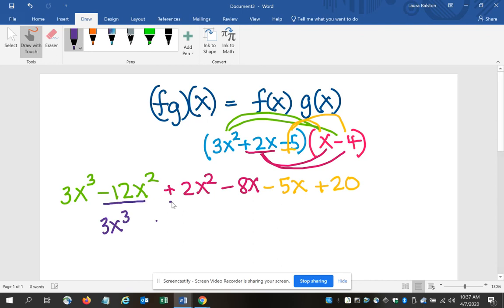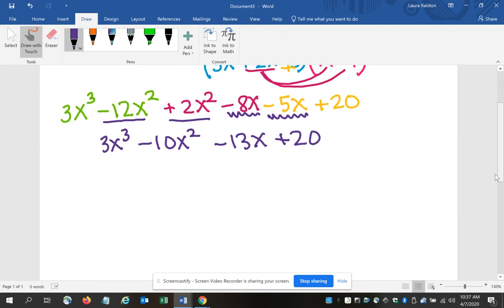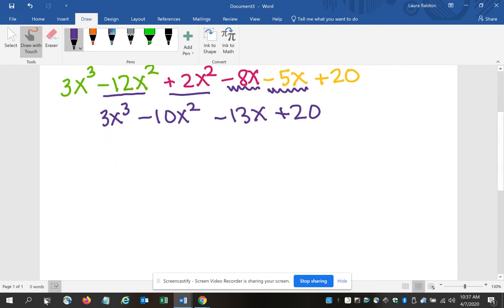Minus 12x squared plus 2x squared is minus 10x squared. Minus 8x minus 5x is minus 13x. And then the plus 20. So ultimately, I have 3x cubed minus 10x squared minus 13x plus 20. Going back out and I'm looking for that answer.